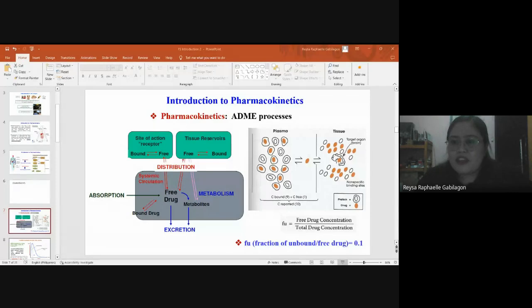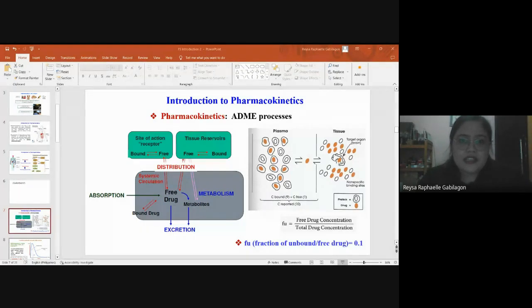And then more than that, ito yung nasa loob na talaga ng cell yung ating drug, intracellular fluid. So yan yung sinasabing if you get a high volume of distribution, most likely the drug has already gone to the tissues. Okay, and most likely magkakaroon siya ng effect. Kasi naabot natin yung target tissues natin.